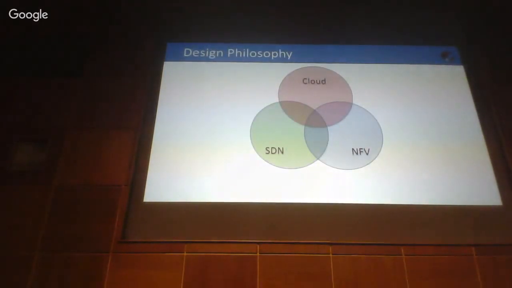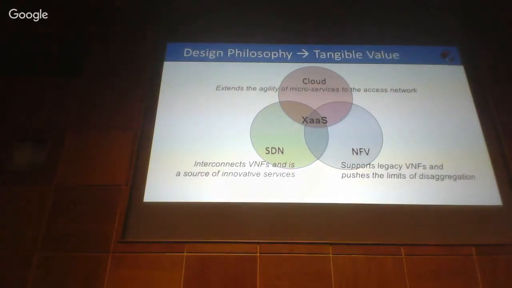The idea behind CORD is we took SDN, NFV, and the cloud, and we put them all together, and we defined a little area in the middle as everything as a service, which maps to our orchestrator, called XOS, the everything as a service operating system. Kind of gets a bit long, but that's the way it is. So the idea is we want to take the microservice paradigm and put it closer to the edge of the network, where you want to be able to run services maybe at the edge, not necessarily with a whole bunch of compute, but just closer to the edge so you can have better turnaround times, better quality of experience for your users.